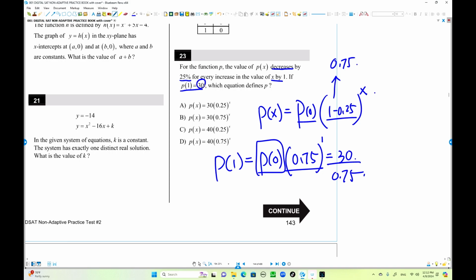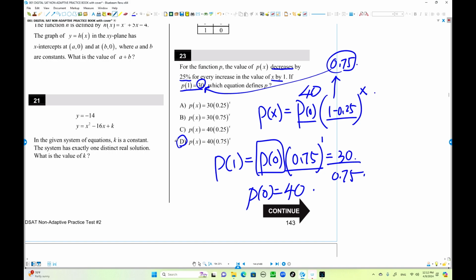So you can divide by 0.75 directly to find the P of 0, okay? All right, so that is equal to how much? P of 0 now equals 30 over 0.75, which is 40, okay? So this is 40. So where is the answer? Choice D is the answer, okay?